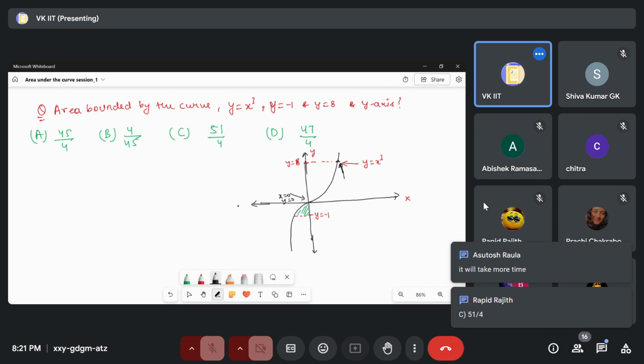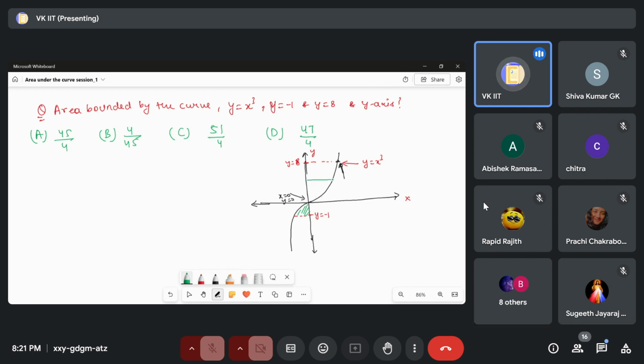But in the horizontal strip, you don't have to find out anything because the limits are already given. So whenever a question comes, think about which is the best way so that we do the least work to solve it.